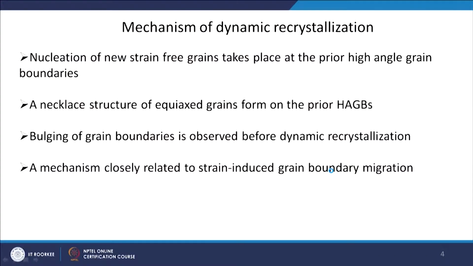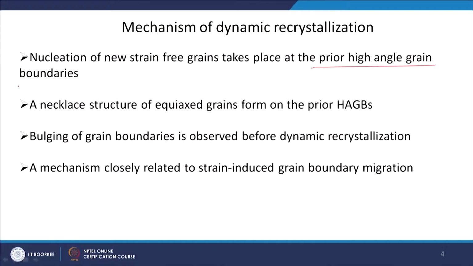As I told you, basically nucleation of new strain free grains takes place. And where will it nucleate? As in case of phase transformation, the new ferrite grains will nucleate at the prior austenite grain boundaries.